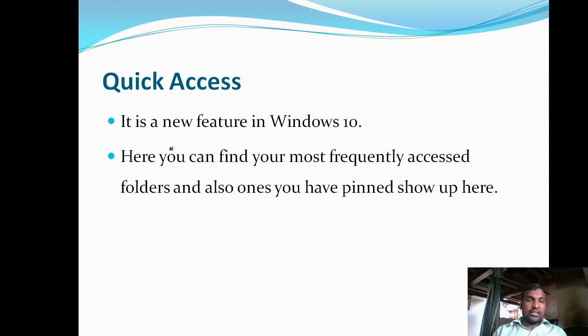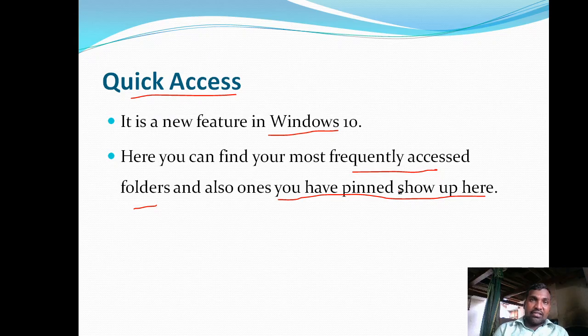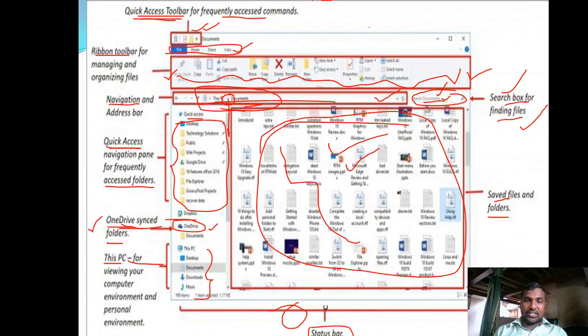Then we are going to discuss the quick access panel. It is a new feature in Windows 10. Here you can find your most frequently accessed folders, and the ones you have pinned also show up here. The quick access panel is displayed on the left side of the actual files and folders of the user.